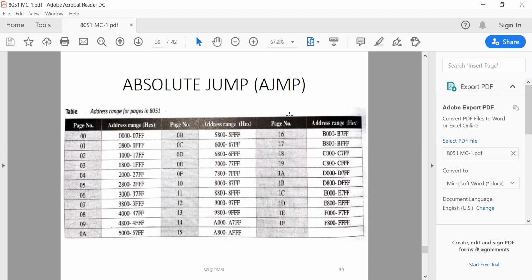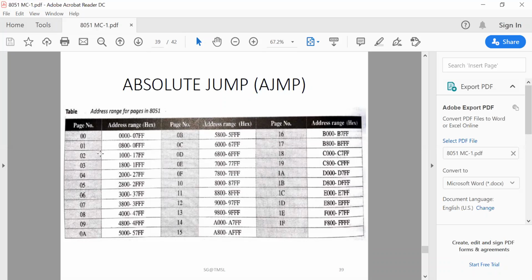Now, as can be seen from this table, the upper 5 bits of an address in each page remain constant and represent the page number. For example, consider page 02. Its address range is 1000 to 17FF.